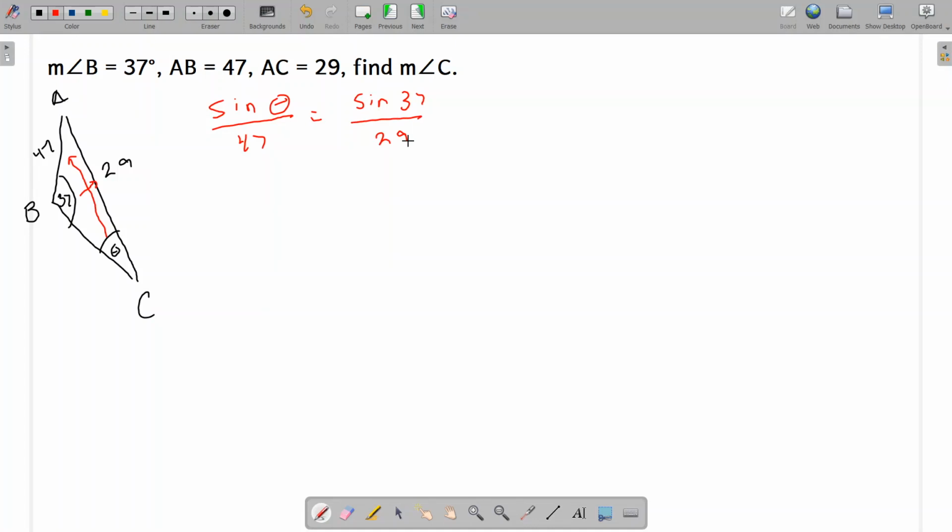So now to solve for theta, I can multiply both sides by 47. And then we can do inverse sine of both sides.